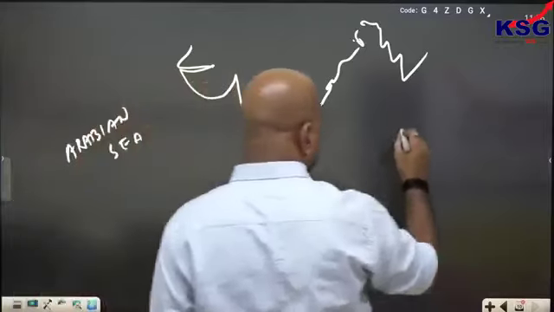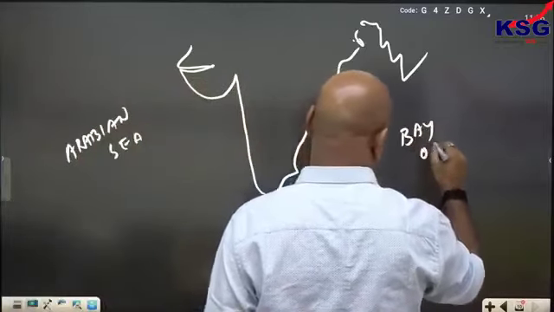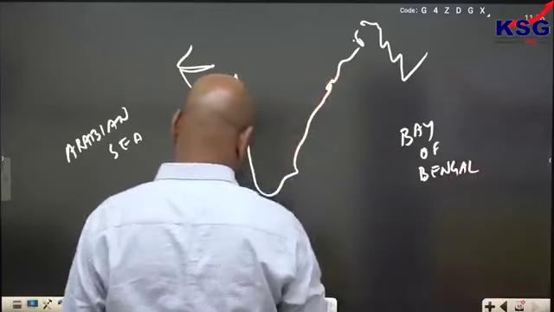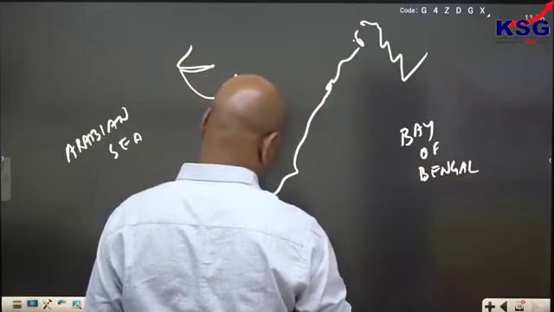Here is the Arabian Sea. Here is the Bay of Bengal, and here is the Indian Ocean.